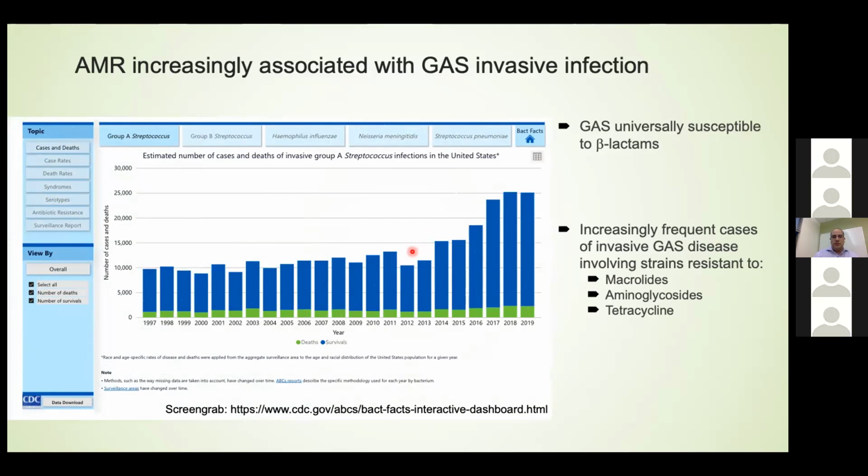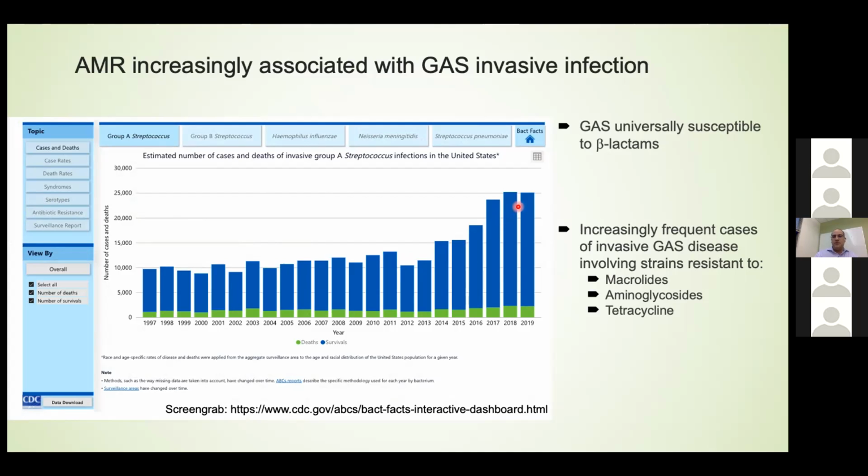epidemiological data shows, and this is a screen grab from the webpage of the CDC's Active Bacterial Core surveillance, that over the past decade there's been a substantial increase in the number of invasive infections due to group A strep.